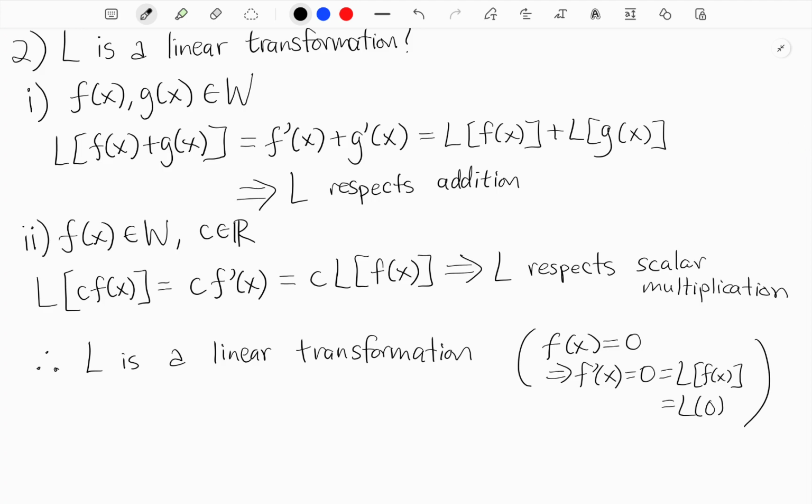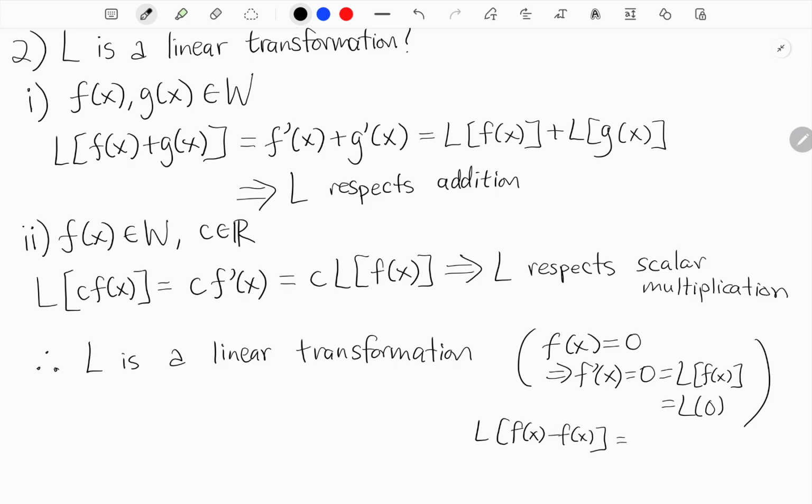Okay, so that's what we have over here. Now there's another way to actually show this part right over here. We don't have to necessarily take the derivative, because we know that if L is linear, or it respects addition, then I have L of f of x minus f of x.